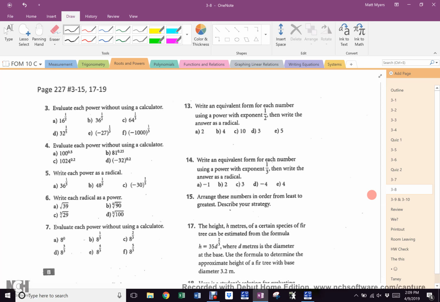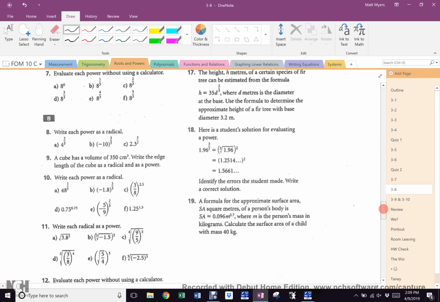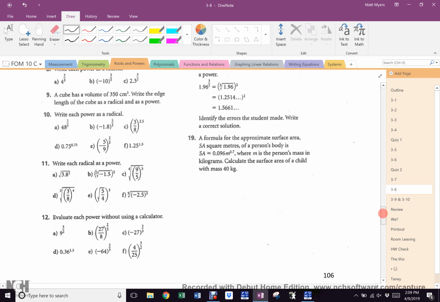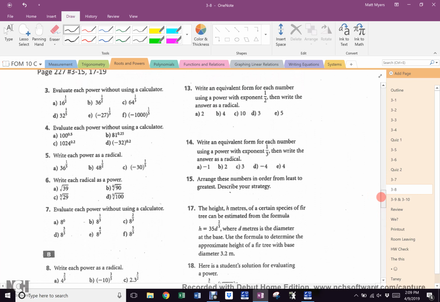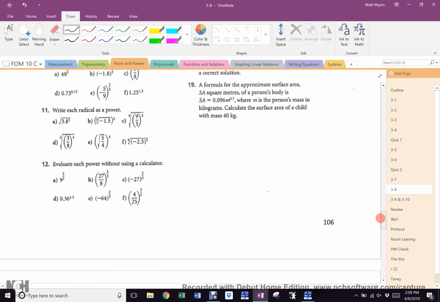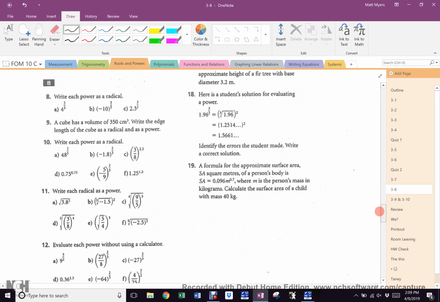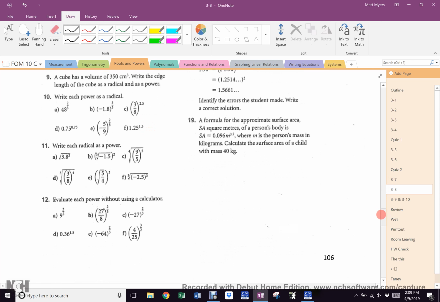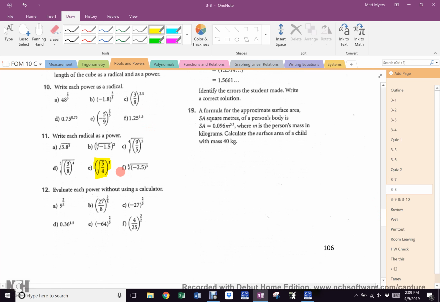Okay. If it were me, I'd make sure I did a few from each one. When I got down past number 7, and I'm feeling good about it all, I'd make sure I did a few with fractions and a few with decimals just to make sure.